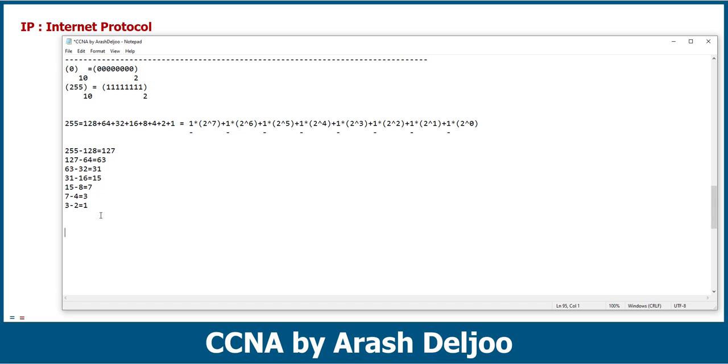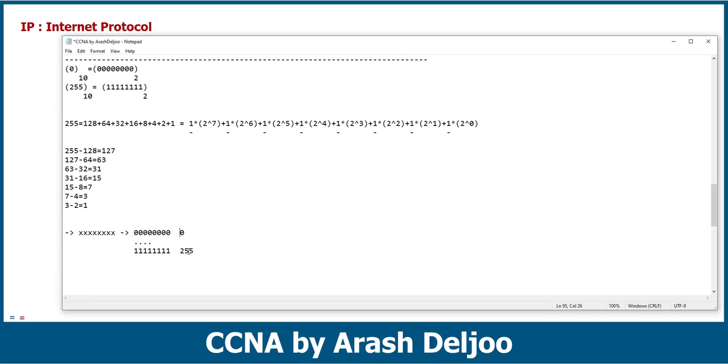This means that with 8 bits you can create a value between eight 0s and eight 1s. The lowest value is 0, and the highest value in decimal is 255, and other combinations result in a value between 0 and 255.